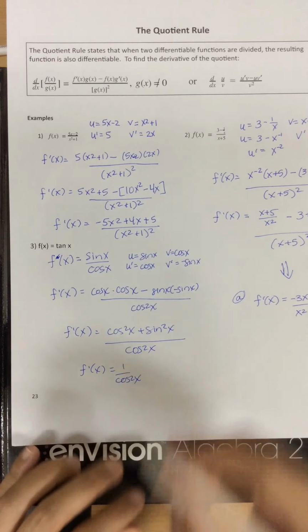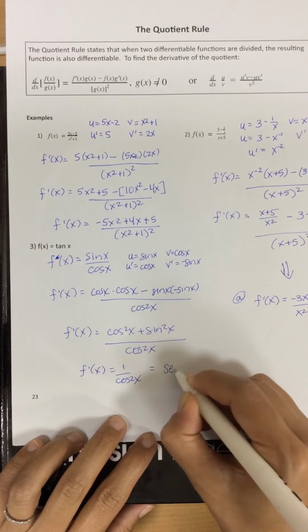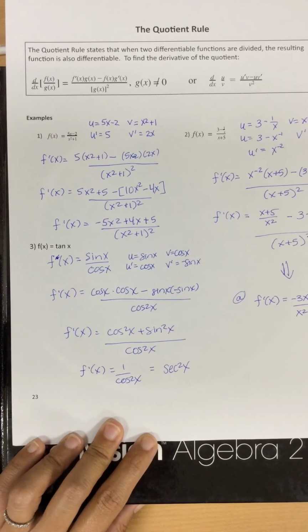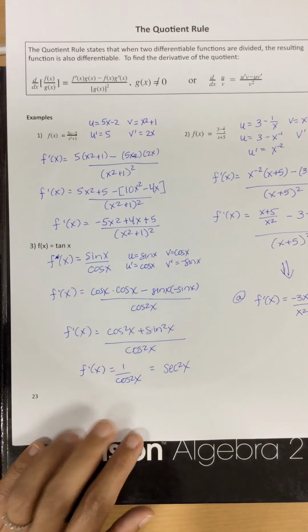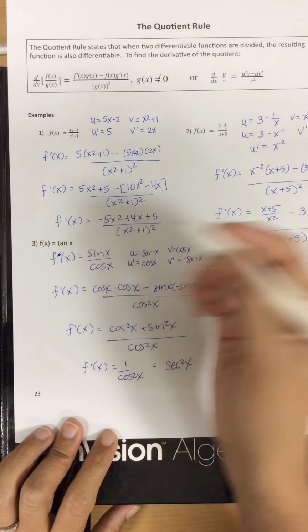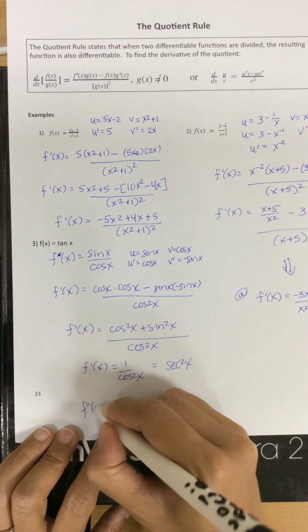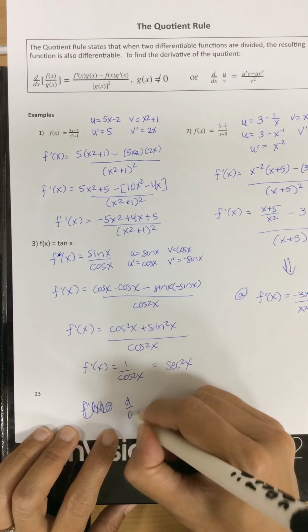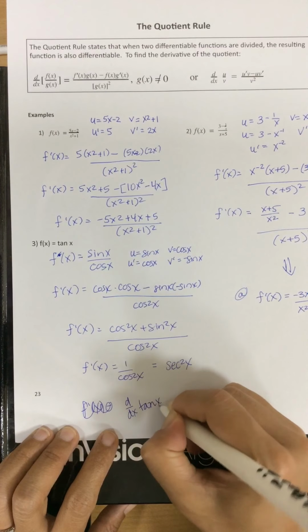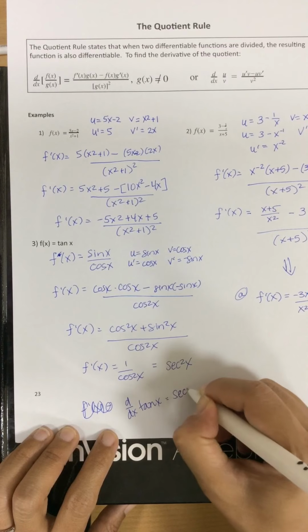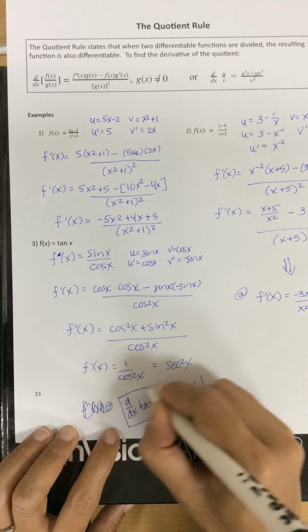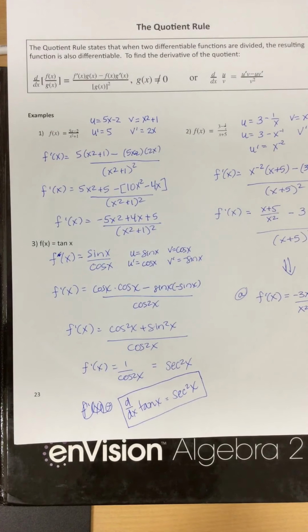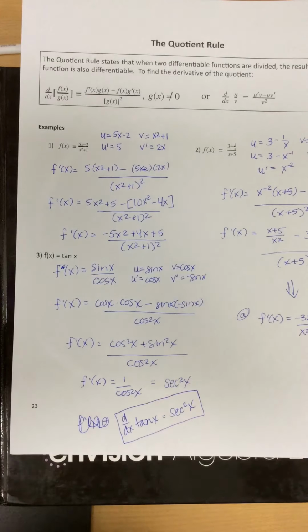What's 1 over cosine squared of x? Secant squared x. So here's our identity, right? Something you can remember if you want to keep this, that the derivative of tangent x is secant squared x. You can add that to your trig identities if you want to remember. All right, that's the quotient rule. See you next time.